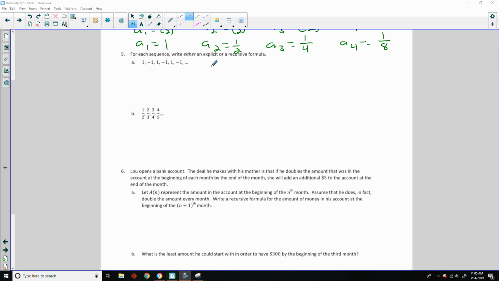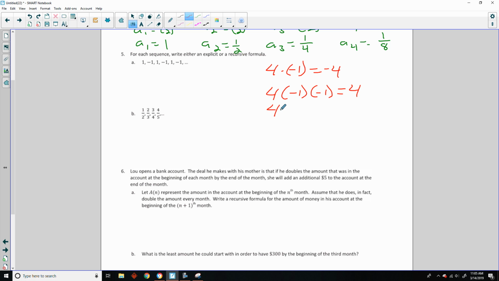Okay, so for this sequence here, to make a number go from positive to negative, we can multiply it by -1. So 4 times -1 is -4. But if I multiply 4 times -1 times -1 again, 4 times -1 is -4, but -4 times -1 is +4.